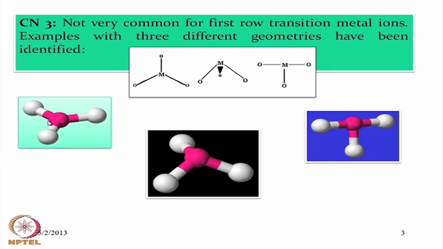So in this particular case, if we have a planar geometry, we will be getting an angle of 120 degree around the metal center. If this is a pyramidal structure, we get around 105 degree. But when this is T-shaped, we get two types of bond angles.